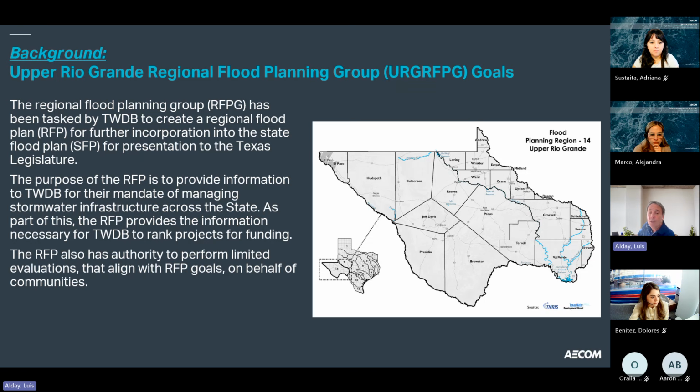We are part of Region 14. So based on these projects and the needs of each community, TWDB, based on the funding amount that they have, funds some of these projects, especially for small communities like yours that do not have enough funding to do the projects.